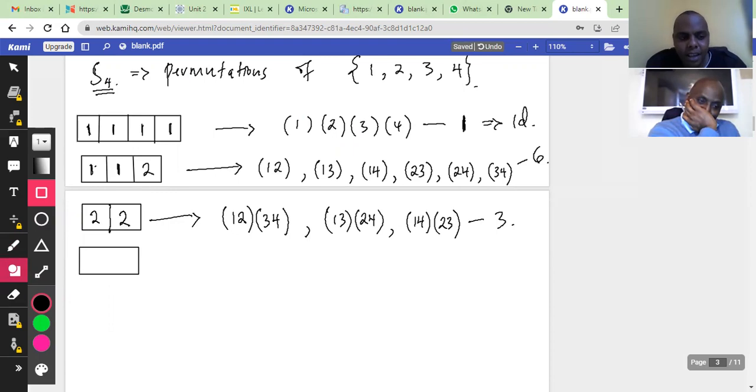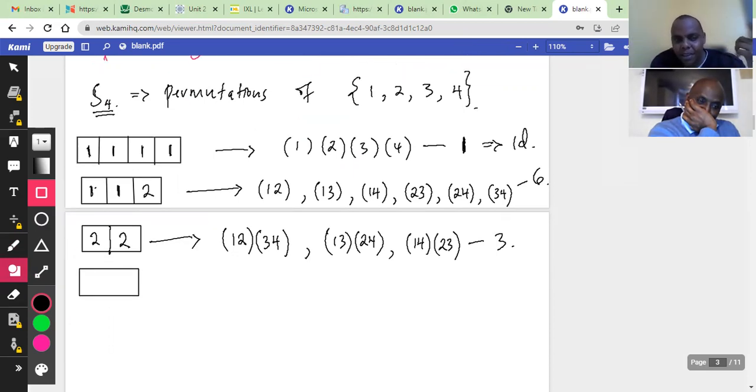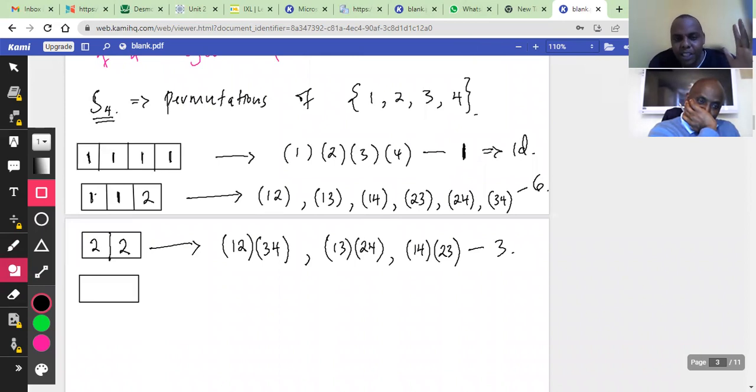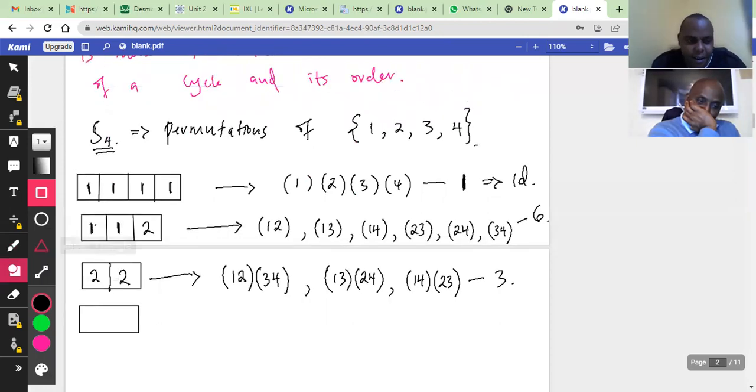You see, in the second group, I decided to take a group of 2 and 2 different groups of 1. In the second one, I took 2 groups with 2 elements each. I'm partitioning the set. So whatever I'm doing here, it's partitioning the set.